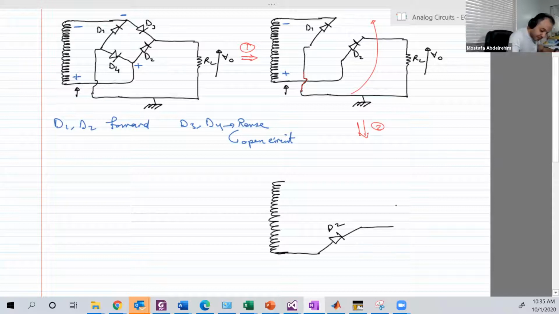And now we will flip this wire upside down. So this is RL, and this is the ground. It's flipped now, okay?